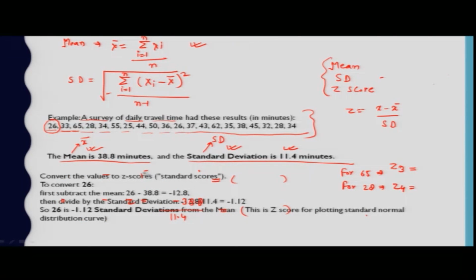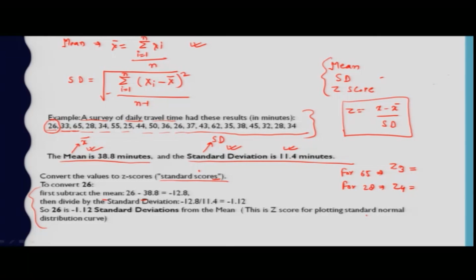So, we will have to convert this. This is the solution that I have already written here: convert the value to the z score, also known as the standard score. To convert 26 you first subtract the mean. In fact, all the sentences that I have written are just to calculate the z score with the help of this particular formula.